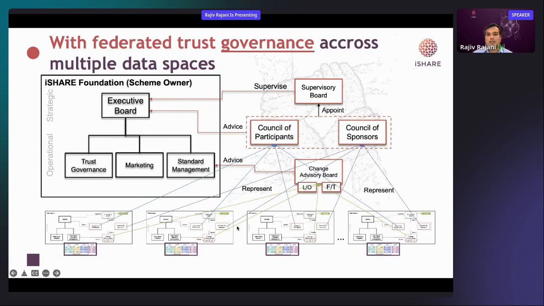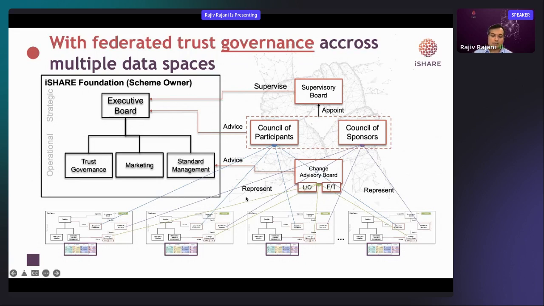So each data space sends its own nominations or own representatives of participants, and their change advisory board members are also part of our change advisory board, so they can directly influence or contribute to the iShare framework.